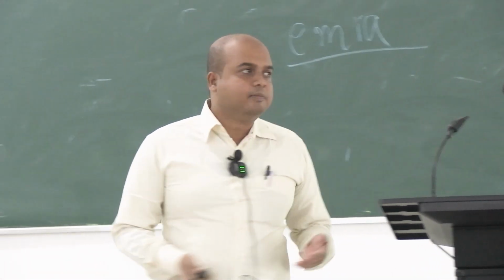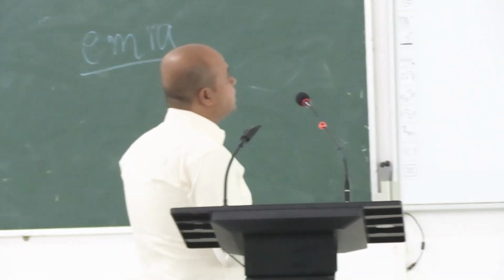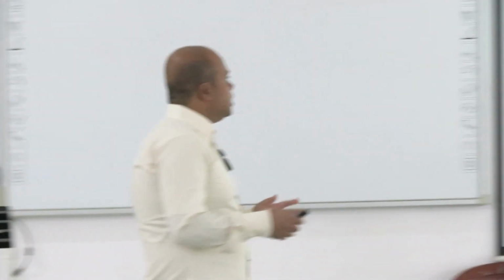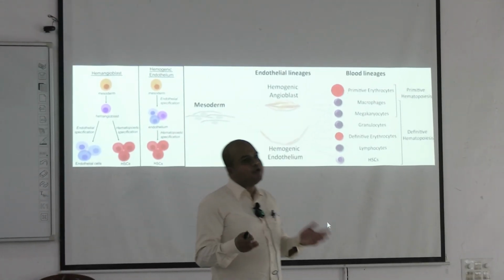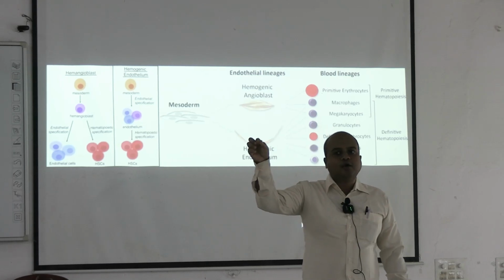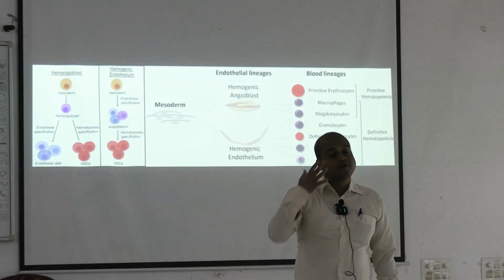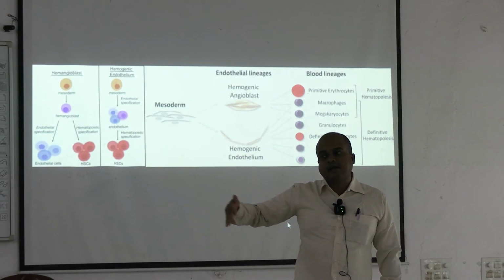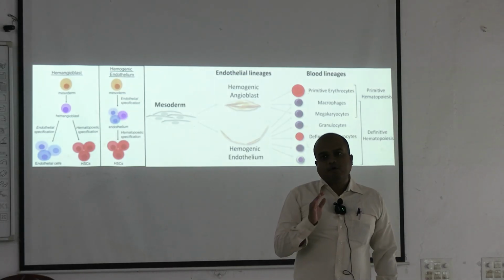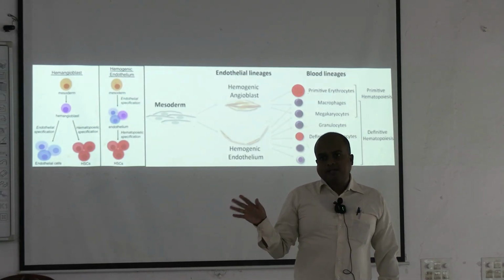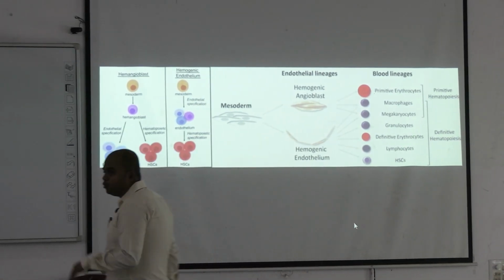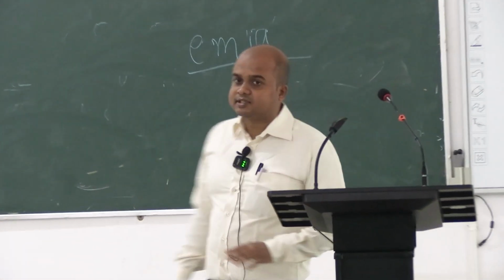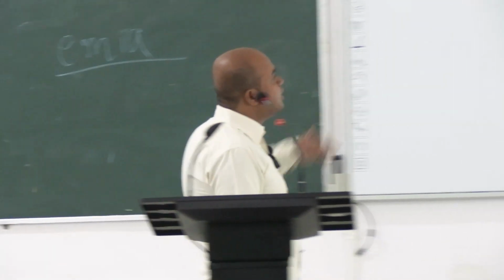One theory says that from the hemangioblast at the mesodermal level, some cells differentiate to form the endothelial lineage, endothelium meaning the inner wall of the blood vessels, and some go for hematopoietic specification. Those are called the hematopoietic stem cells, but the origin is from the hemangioblast.